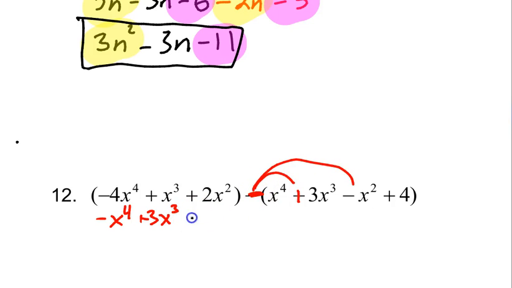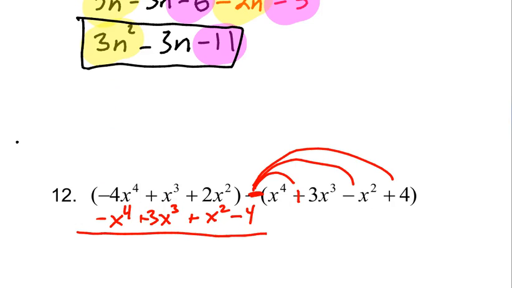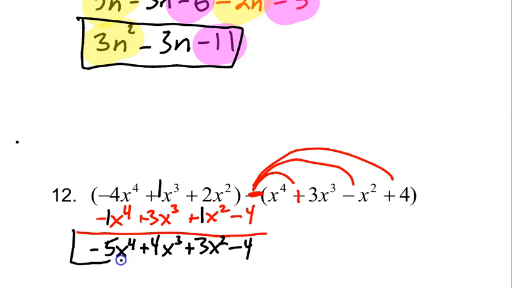Plus x squared minus 4. Minus negative 4 minus 1 is negative 5. 1 plus 3, so we have 4x squared. 2 plus 1, which is 3x squared, minus 4. That comes down. There we go.